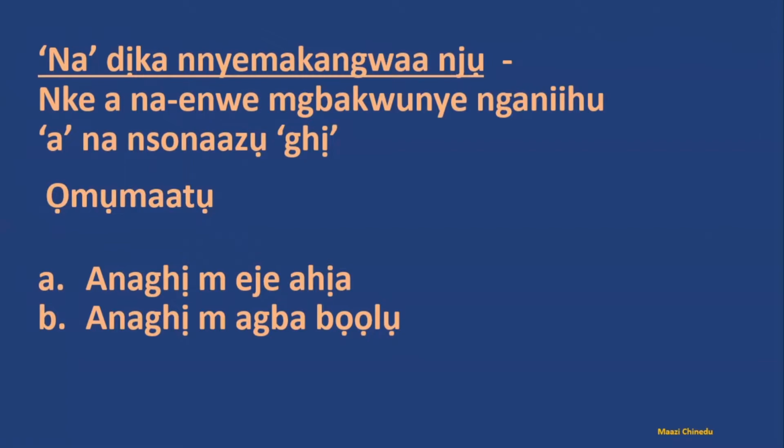That is why it will have a prefix a and a suffix y. For example, anaghị m eje ahịa. Anaghị m agba bọọlụ.